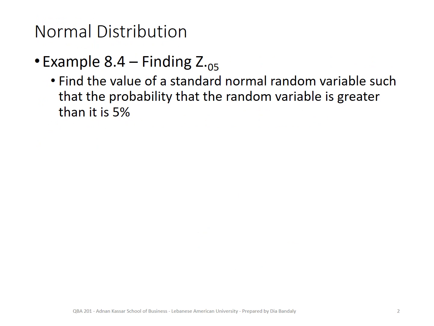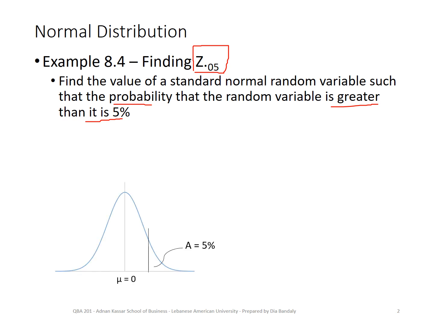So let's apply what we just learned in this simple example. We want to find the value of z such that the probability that the random variable Z is greater than it, that critical value, is 5%. Okay, and we learned that we will denote that by z_0.05 because the area on the right hand side is 5% or 0.05. So let's see that on the curve.